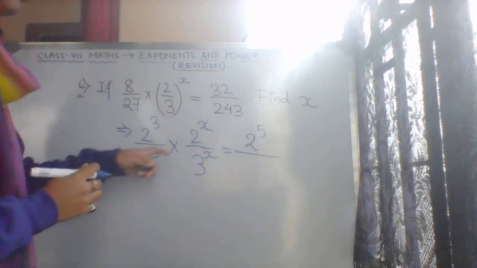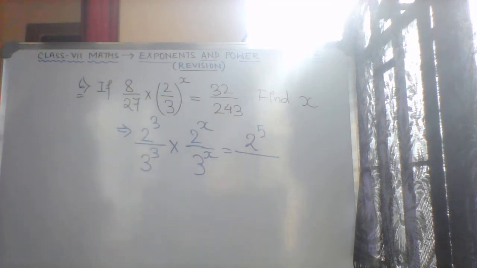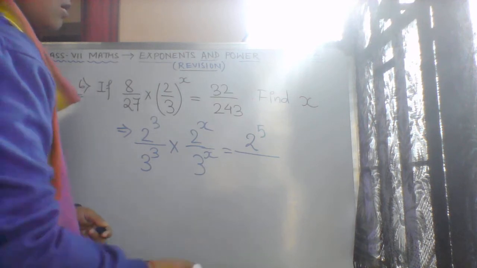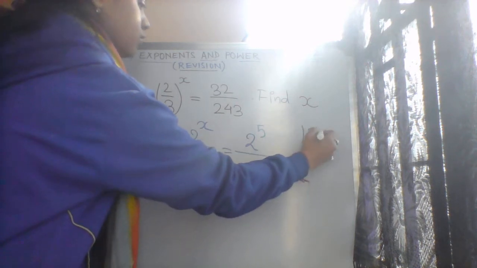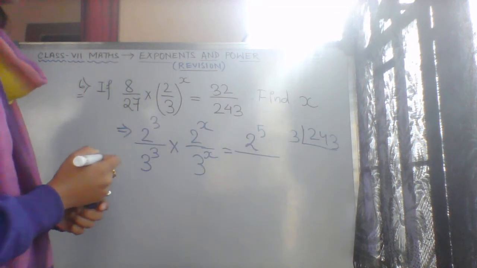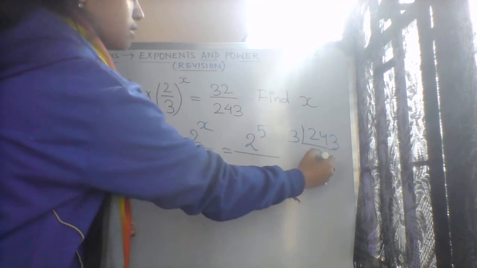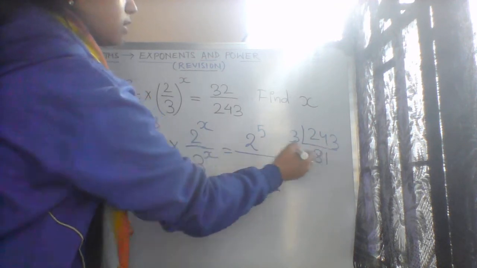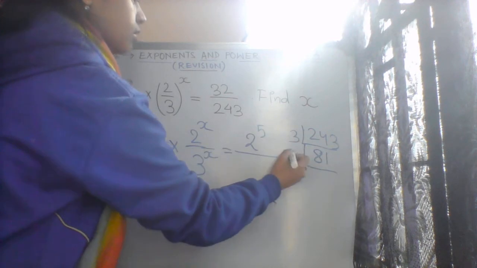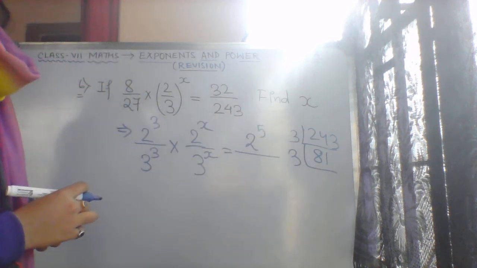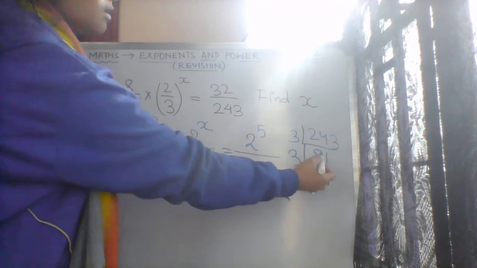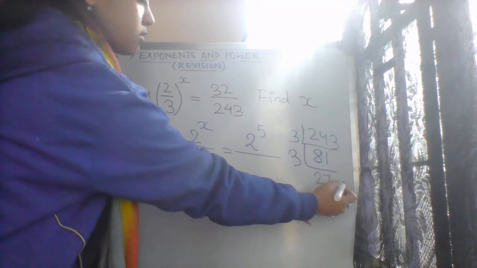Similarly you do for 243. Prime factorize 243. Pause the video and do. So what will you get for 243? You can take 3 over here. 3 8s are 24, 3 1s are 3. So 3 into 81 is 243. Now 81: 3 2s are 6, 2 will be remainder, so 21, 3 7s are 21.